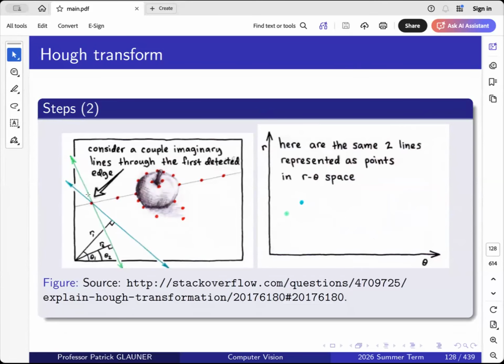Imagine we take the first point of the edge, the first one we found. I need to put a straight line into that first edge. So I'm not trying to find the straight line yet.